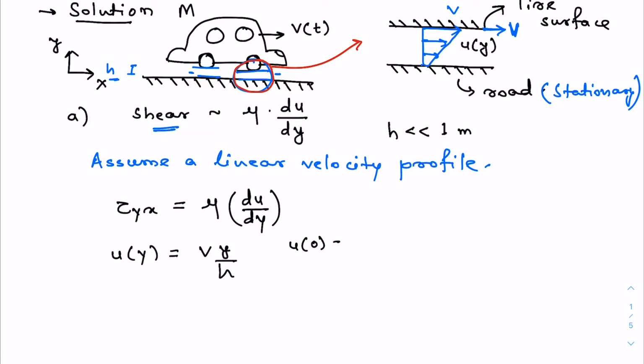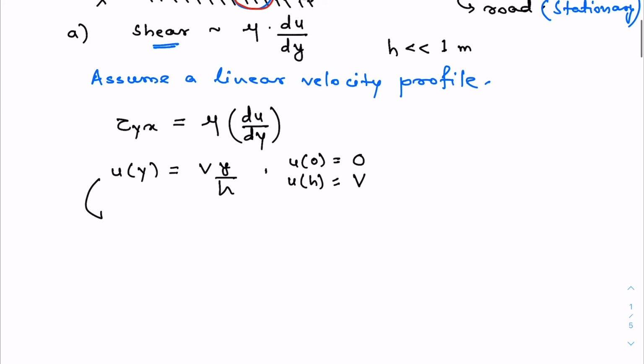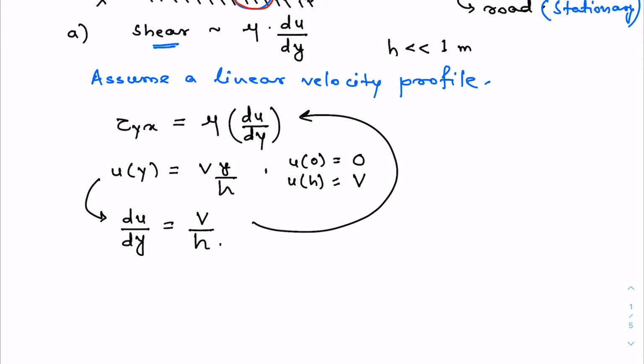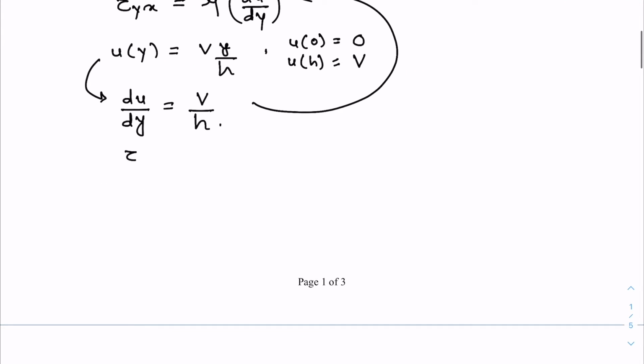It is 0 when we are close to the road, and it is v when we are close to the tire surface. From this, you can find the derivative of the velocity, du by dy, is simply v divided by h. If you substitute this in the shear stress, tau yx will be equal to mu times v divided by h.